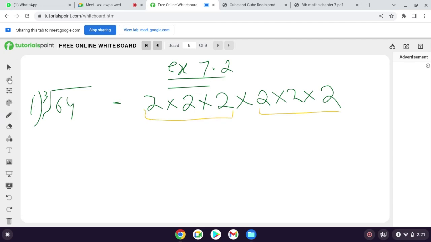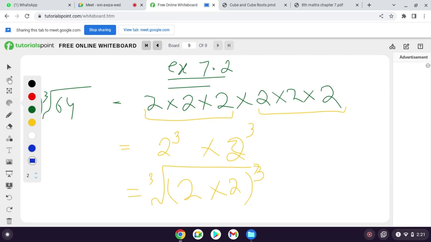This and this: 2 into cube, 2 into cube. We can separate them. For example, I am making a common 2 cube, and this cube root is cancelled with this cube. Both will be cancelled out with each other.